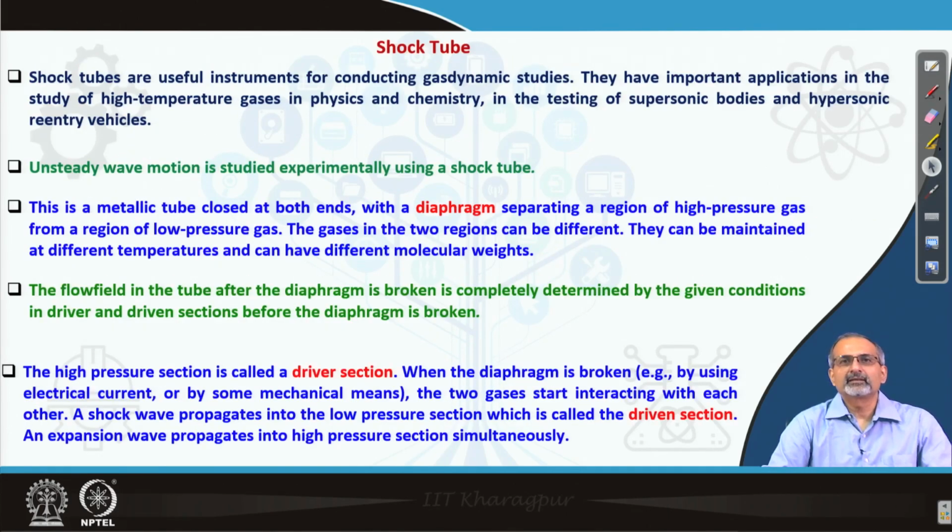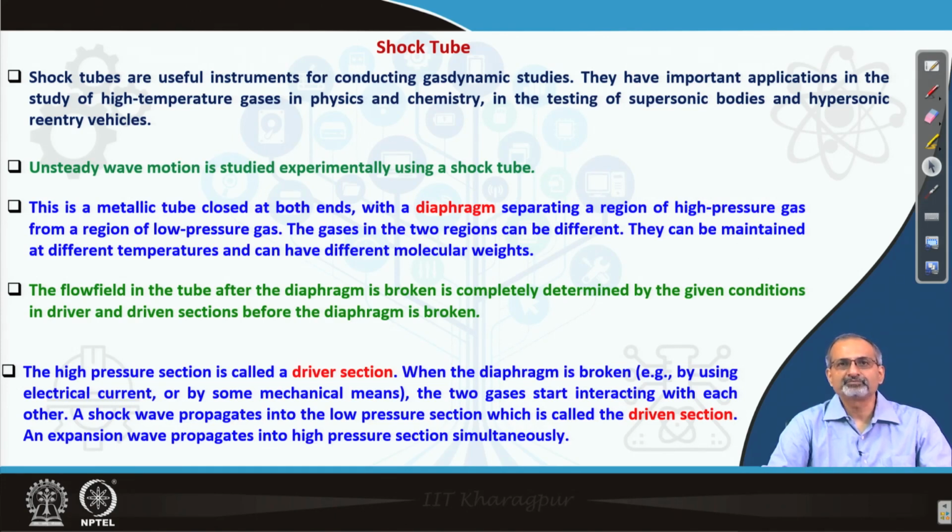Like we said, the supersonic wind tunnel is a very important experimental device for exploring supersonic flows. Similarly, the shock tube happens to be one of the very important instrumentations for exploring hypersonic flow fields.